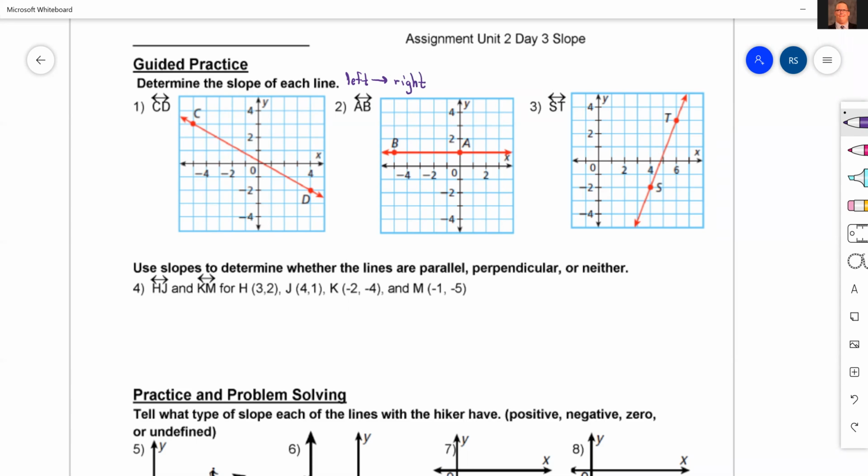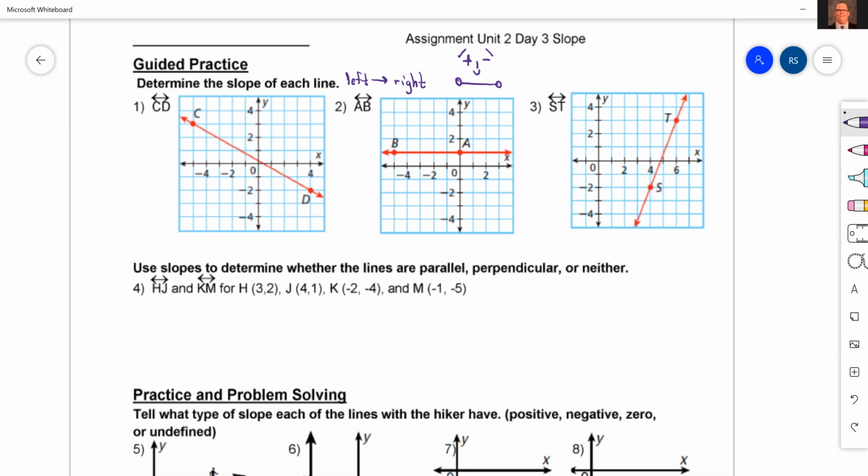And then we also have our slope man that we can think of. That will help us. Also got a slope man that can help us. So we read the graph from left to right, and then we think of slope man.